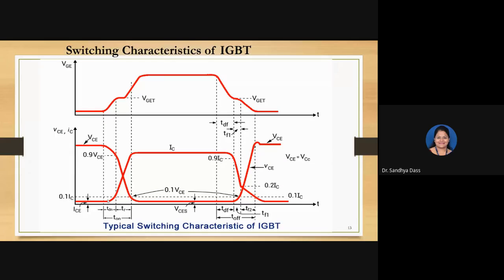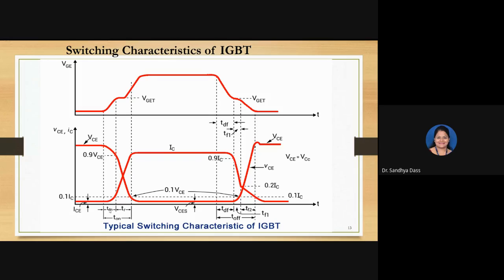So the time taken for the collector current to rise from leakage current to 10% of the collector current is the turn on delay, represented as TD on.